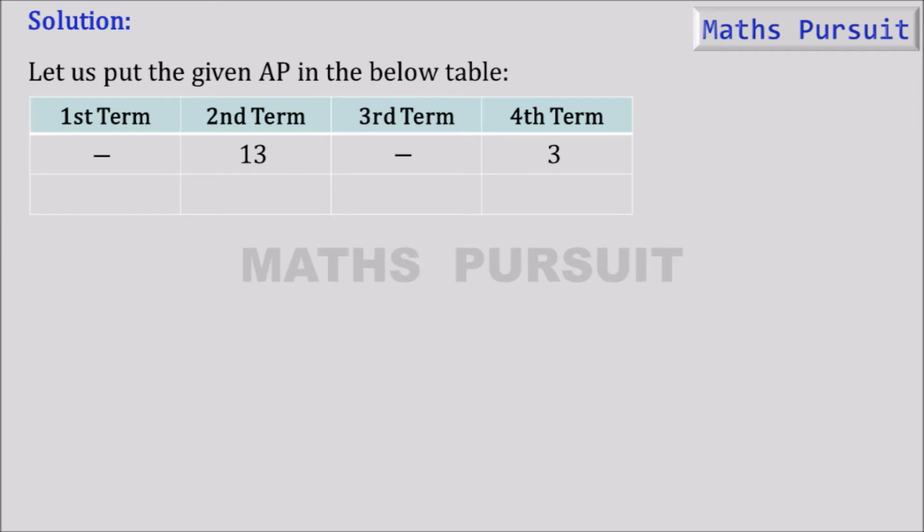Guys, we are going to find out these blank spaces. That means blank spaces for first term and blank space for third term. We are going to find out these 2 digits. Now naming A1 to first term, A2 to second term, A3 to third term, and A4 to fourth term. Guys, we are naming A1, A2, A3, A4 so that it will help us in making our calculations easily.